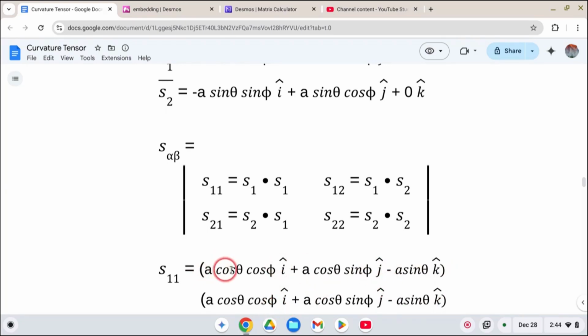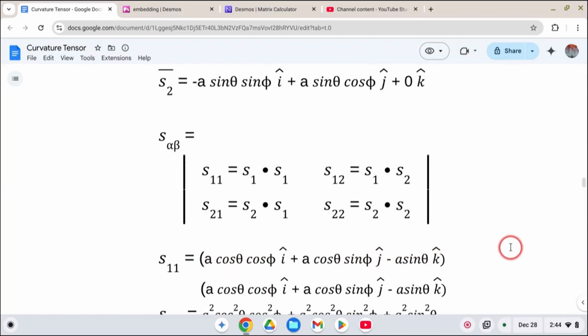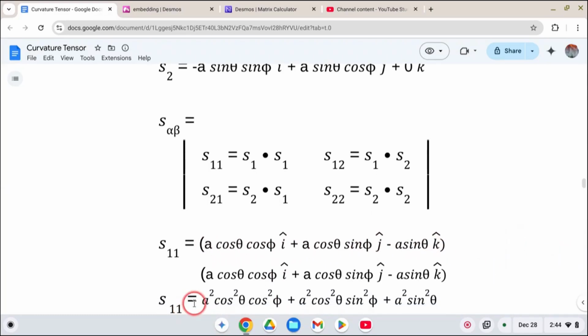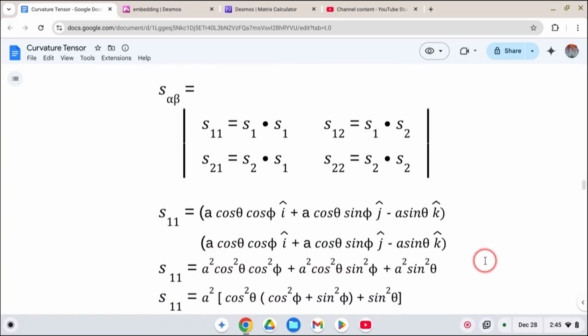So you're basically just squaring this thing that looks like a polynomial, right? So we get this expression: a squared is cosine squared theta, cosine squared phi. We square this one, we square this one. Now that's a negative, so a negative and a negative is a positive, right? Now we can factor out some stuff here. As we see, we have a squared cosine squared theta, so we'll factor this out first.